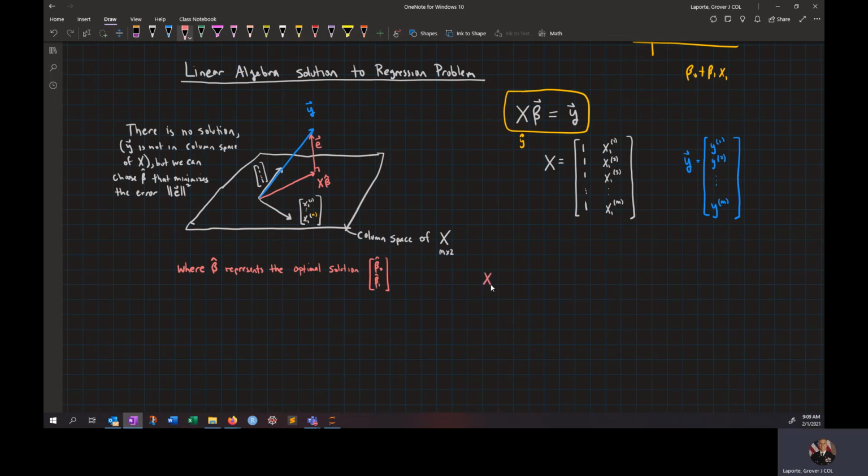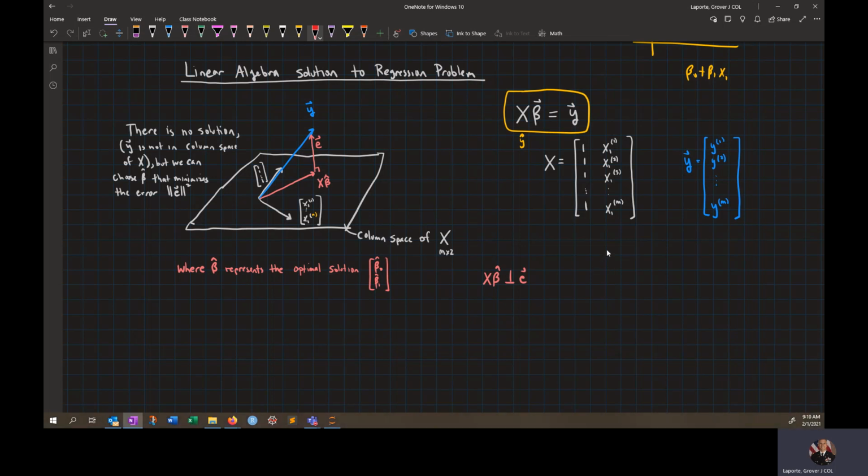We know that x beta hat is going to be orthogonal to e, my error vector. And the next question is, what is the error vector? I guess another thing you need to remember is that this is a vector and that is a vector. If I added those two red vectors together, I would get the blue y vector.